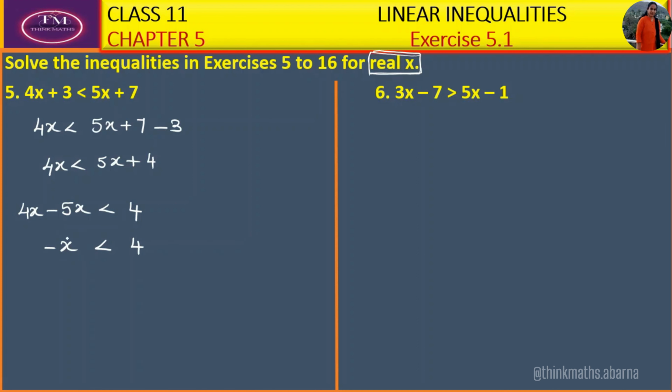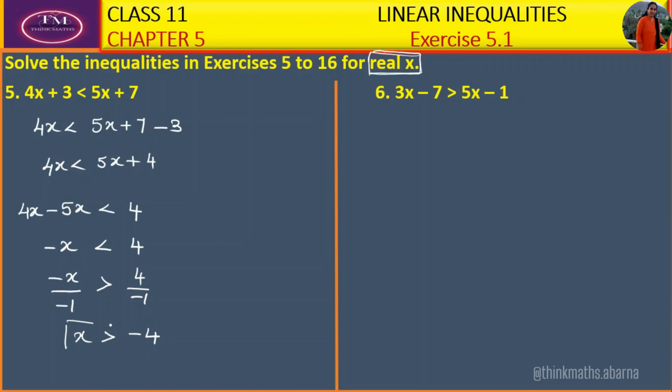To avoid this negative sign, we will divide by minus 1 on both sides. As we are dividing by minus 1, what happens? This inequality changes to greater than. So 4 divided by minus 1, the minus gets cancelled, so x is greater than 4 divided by minus 1, which is minus 4.